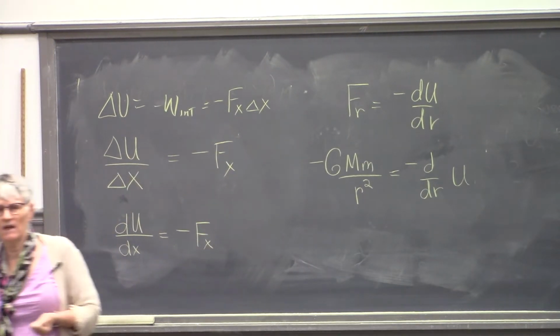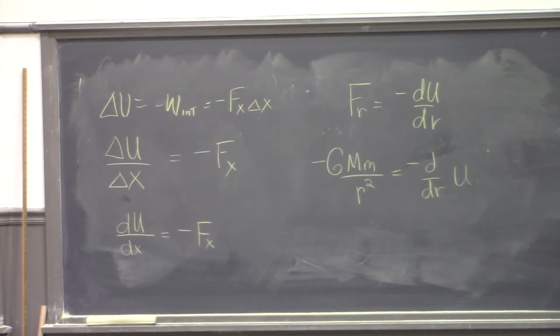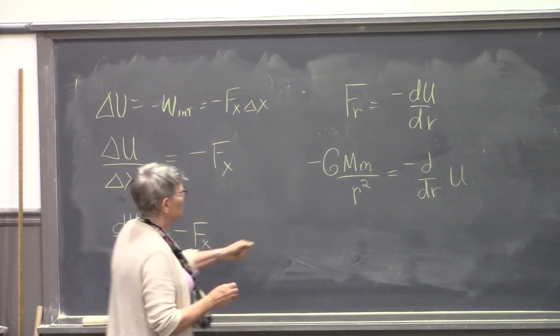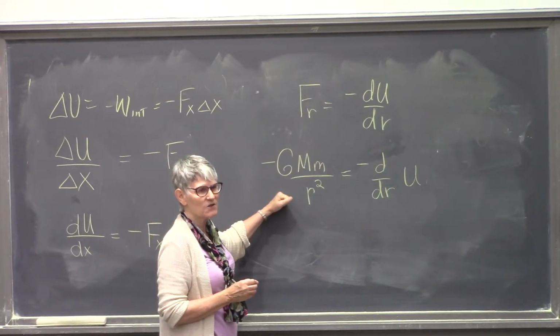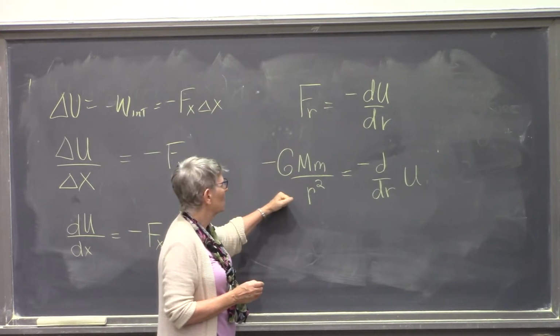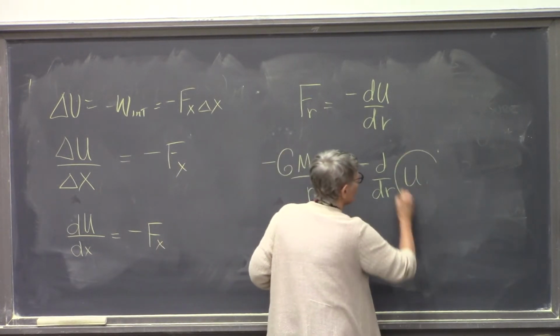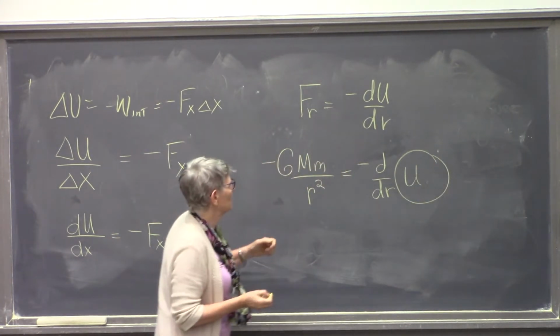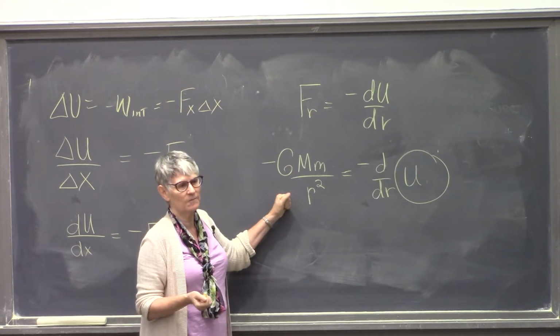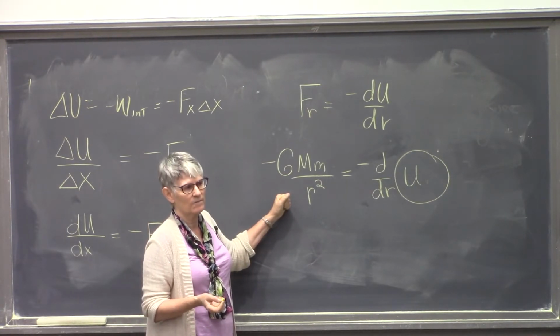So we basically need an antiderivative here. What is it that we could differentiate with respect to r to get this? Let's find an expression for U that, when we differentiate it with respect to r, gives us that.